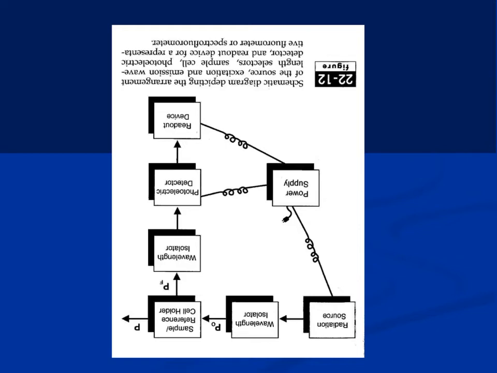Again, this shows you how we are determining it. Just to clarify, it's the same as the UV spectrophotometer: radiation source, wavelength isolator, and the incident light is shined on the sample.